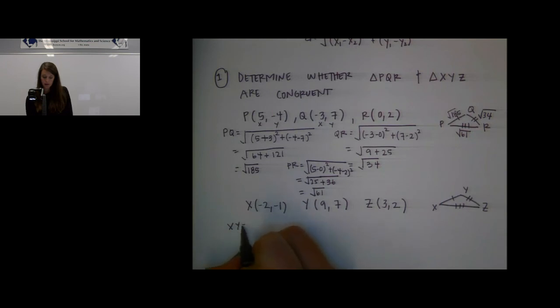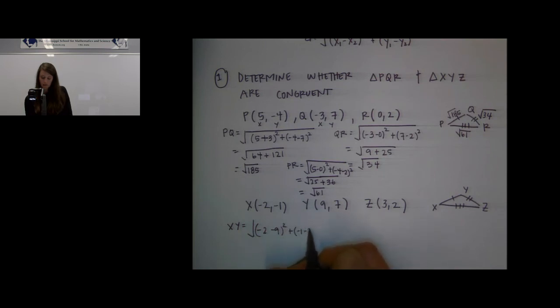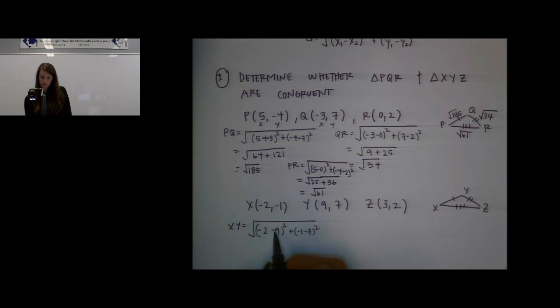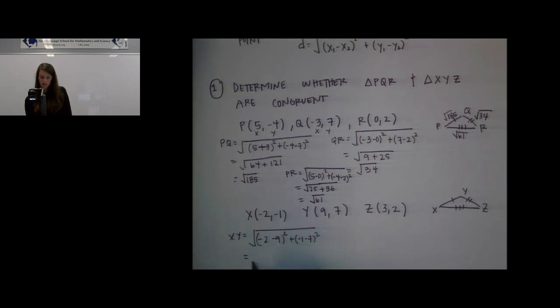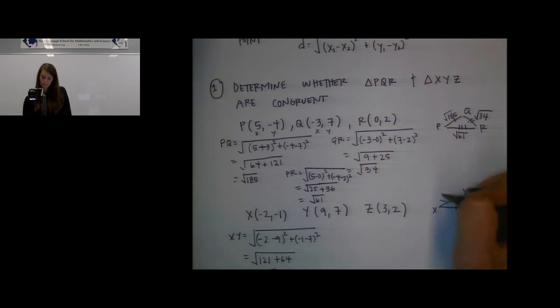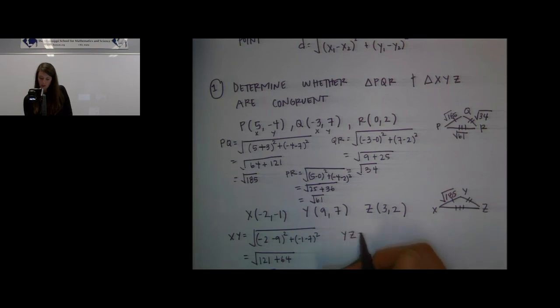XY is equal to -2 minus 9 squared plus -1 minus 7 squared. -2 minus 9 is -11, squared is 121, plus 64, so that is 185. Then YZ is going to be 9 minus 3 squared plus 7 minus 2 squared.